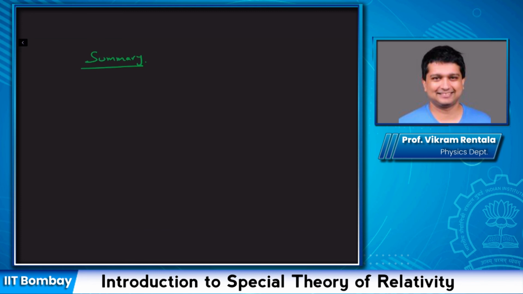So let's summarize what we've learned today. The first thing that we did is we learned how to write down 4 vectors using what is called index notation. And we learned how to write down dot products in this index notation.